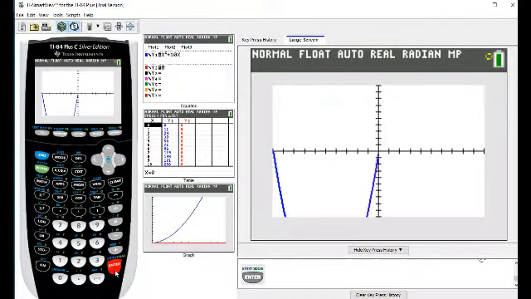Alright, so we see our quadratic function, and we do see some intersection here. So we need to zoom out a little bit this way, and maybe a little bit down to see the vertex here. So I'm going to go to window.